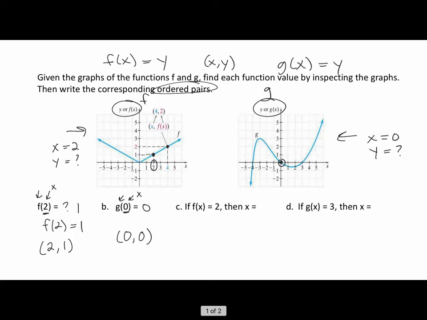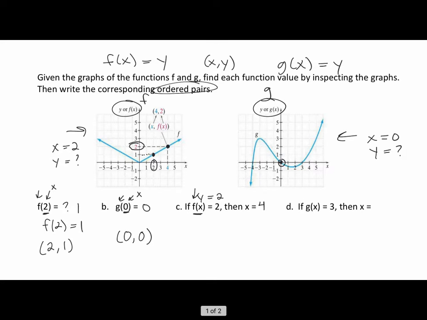For c, if f of x equals 2, then x equals what? So f of x is y. So if y equals 2, then figure out what x is on the f graph. So that's this one on the left. So y equals 2. What is x? Well, there's a point there where x is 4.